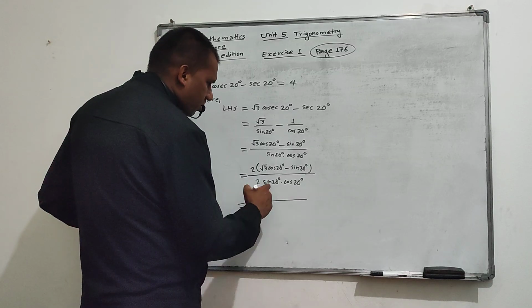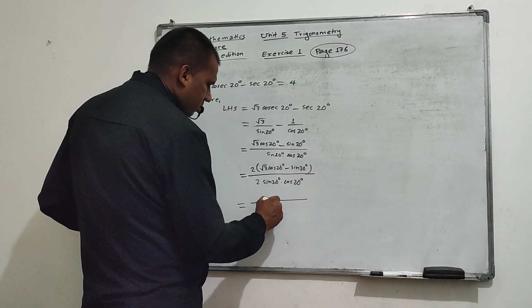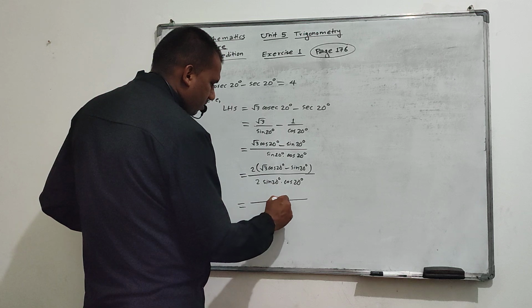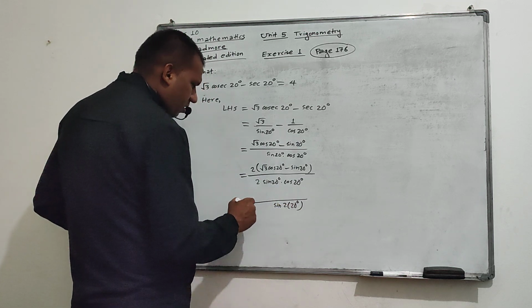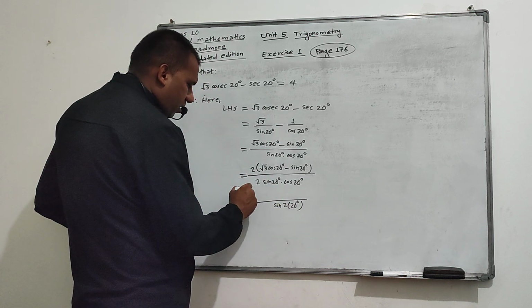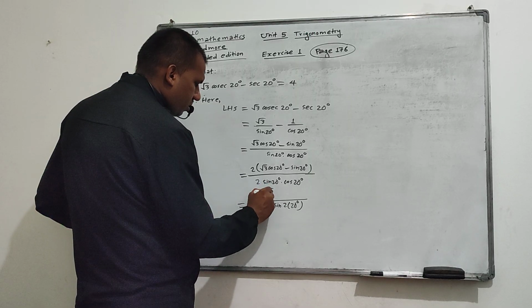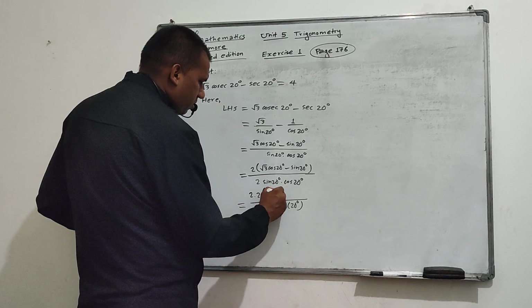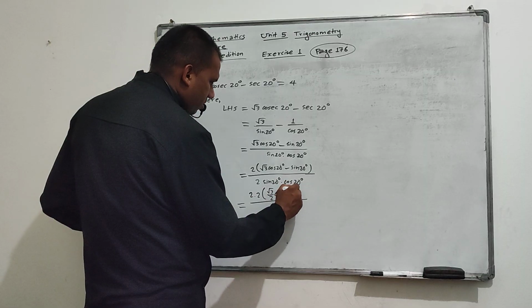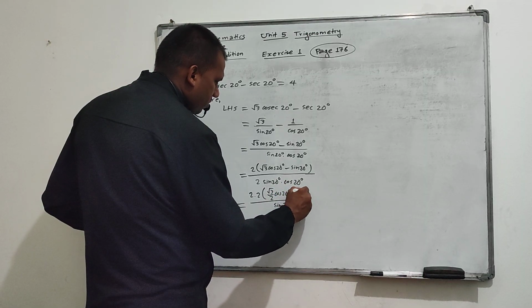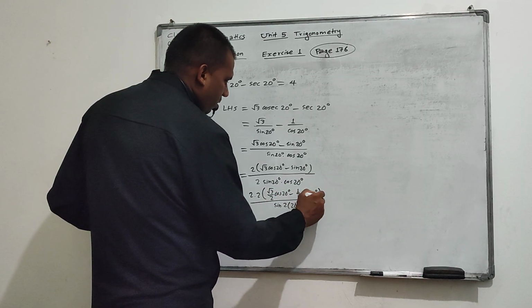Now 2 sin 20 cos 20 becomes sin 2a form, sin 2 into 20. Upper part, again putting another 2 into 2, then root 3 by 2 cos 20 minus 1 by 2 sin 20.